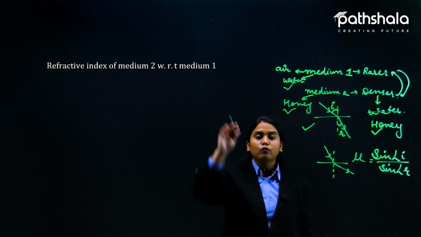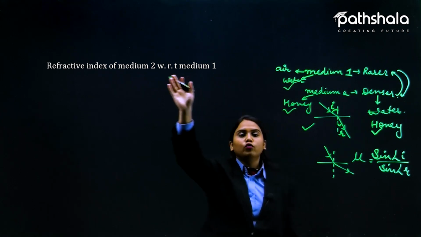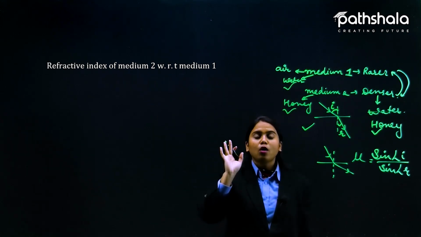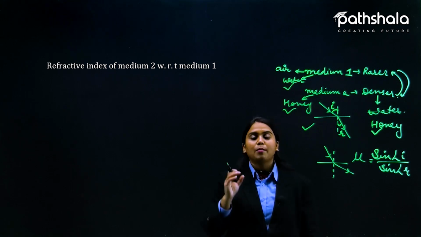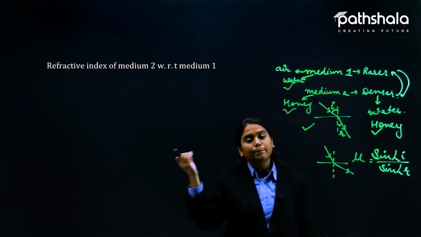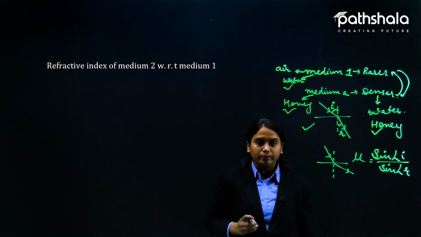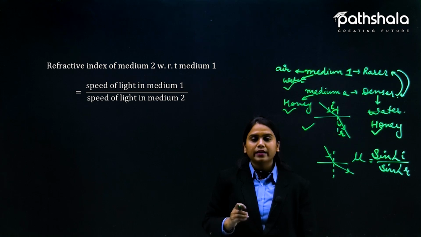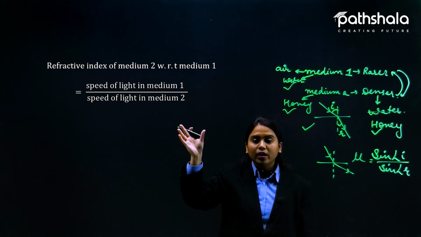So medium 1 would be water and medium 2 would be honey, because I want to find out the amount of light bending in honey in comparison with water.